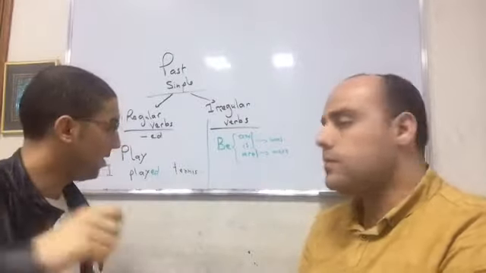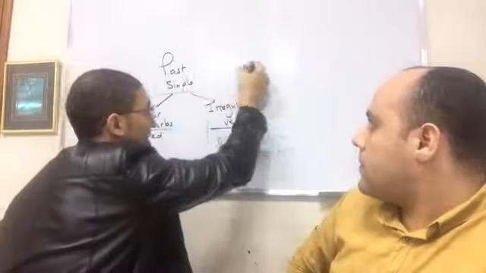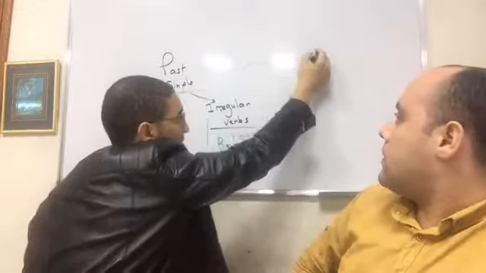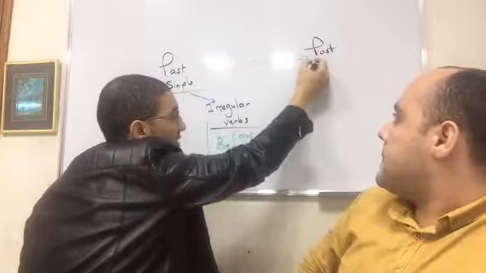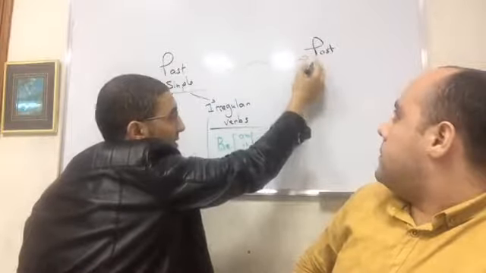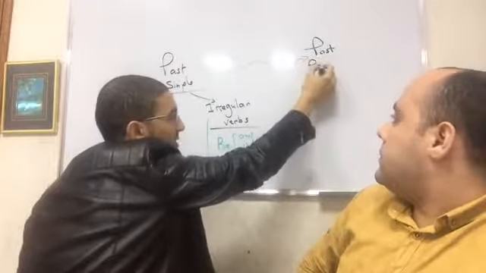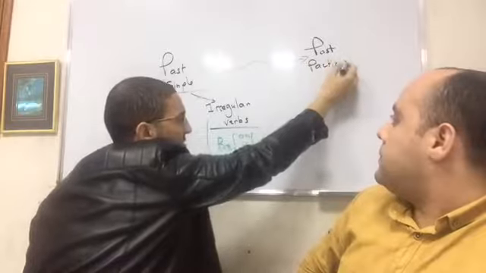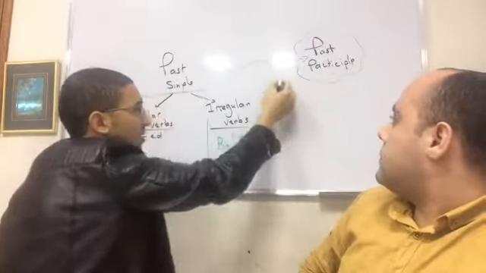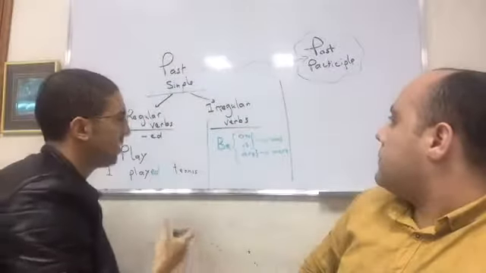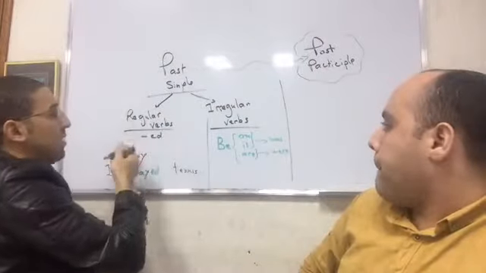Here we're going to move to the past participle, and Mr. Majid is going to tell you a bit about the past participle and its uses. We can give them numbers.